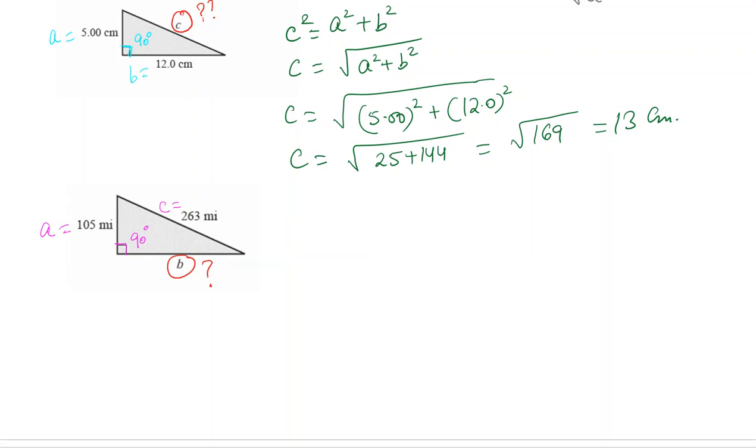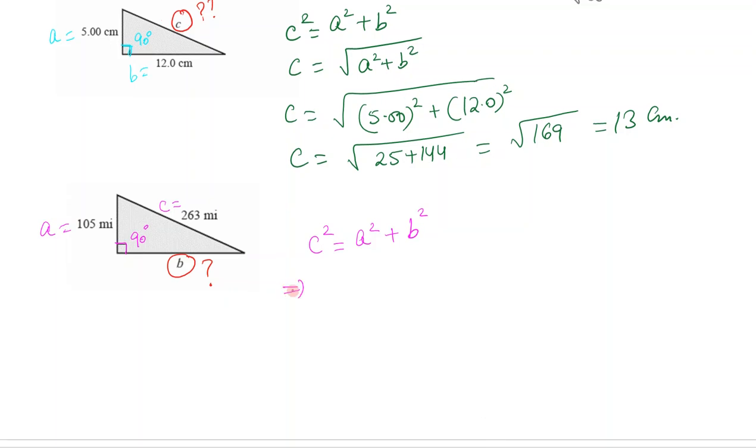We'll start with what we know about Pythagoras theorem. The square of the longer side is equal to the sum of squares of the smaller sides. But our goal is to find B, so we need to isolate B in this problem. Subtracting A square on both sides, we get this step.